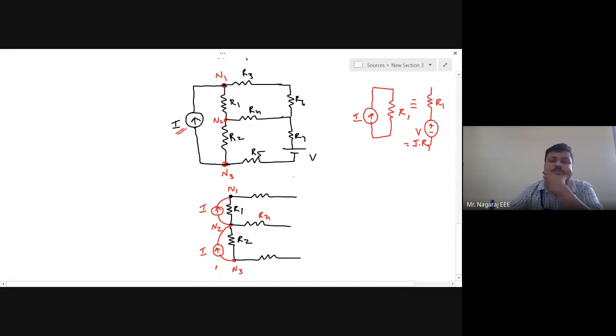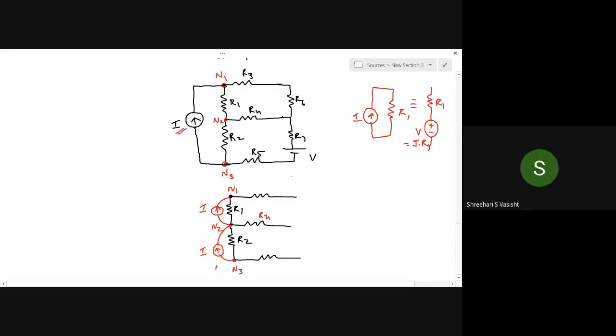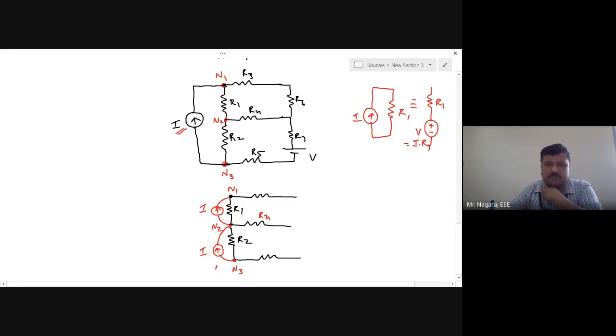Do you agree? Yes, sir. It is just entering and leaving. Immediately it is leaving. It is not flowing into R4. So the circuit effectively has not changed its behavior. All the branch currents in the circuit are intact.